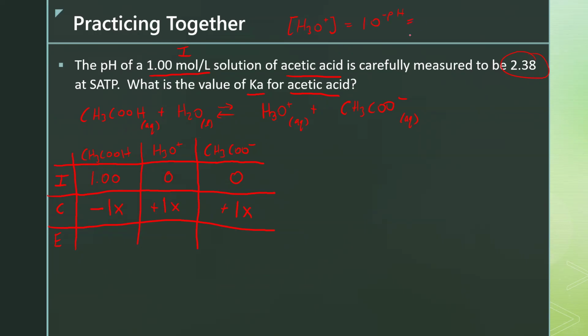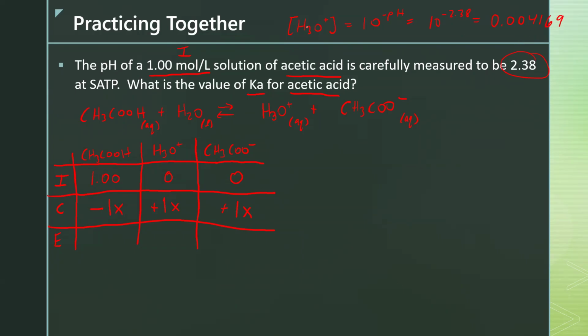Anyway, to find that H3O+ concentration, we can just go 10 to the negative 2.38. Give me a second, I'm just going to type this into my calculator. 10 to the negative 2.38 gives me a pretty gross decimal. I'm getting 0.00416, and then I'm going to round that to 69, which is enough significant digits that it doesn't make a huge difference.